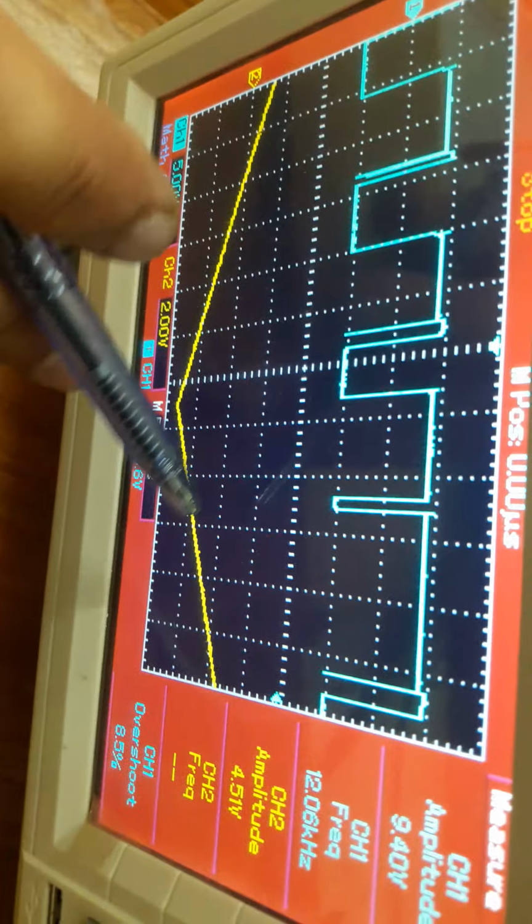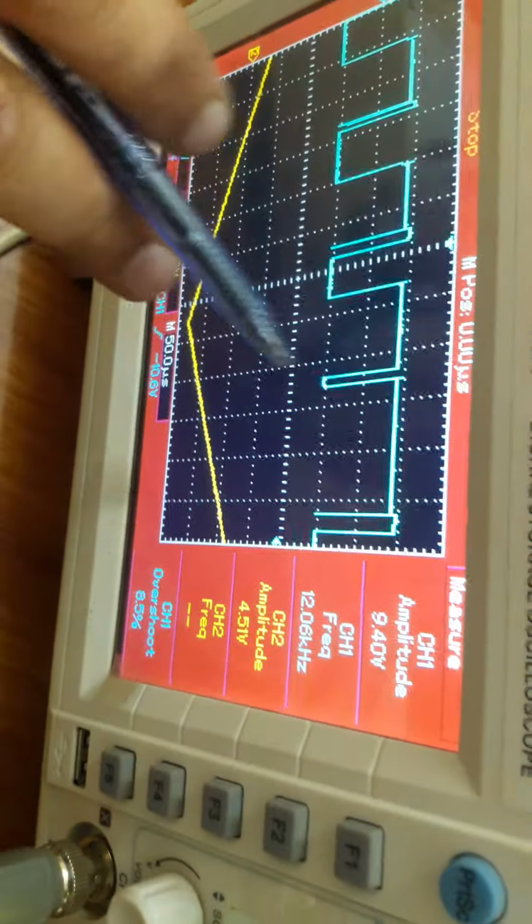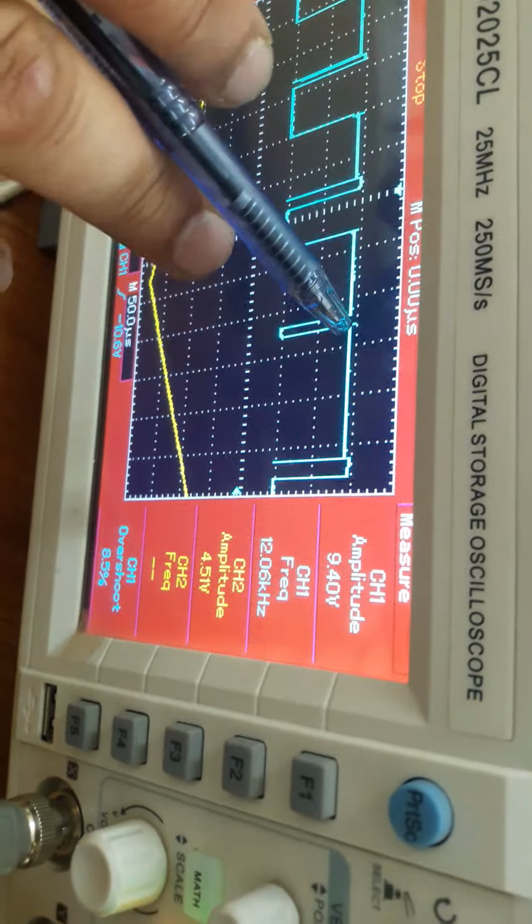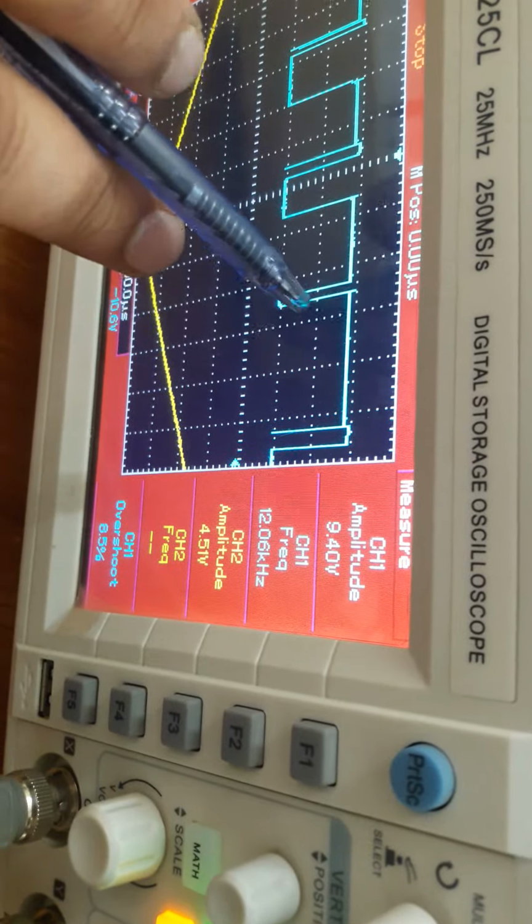When it comes in the upper side, the width of the pulse is growing slowly.